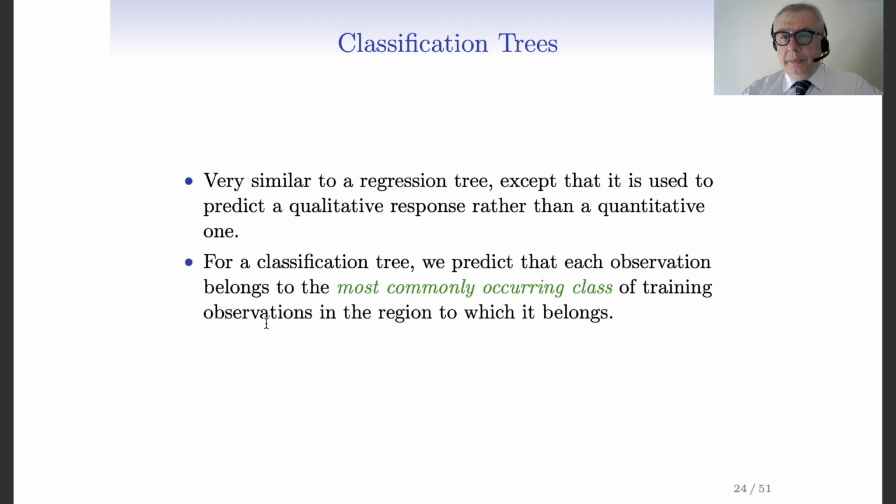Now you are going to predict a qualitative response rather than a quantitative one, and once you have completed your split, the prediction is made by predicting that each observation will belong to the most commonly occurring class of training observations in the region to which it belongs.